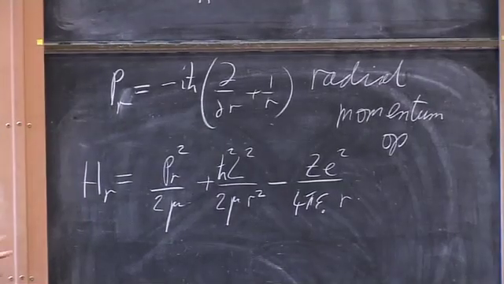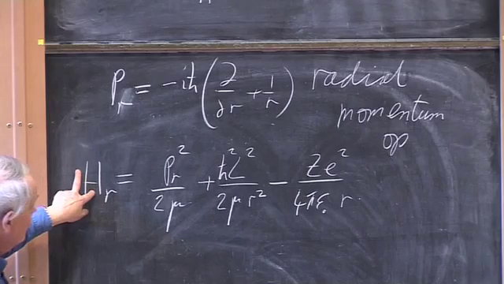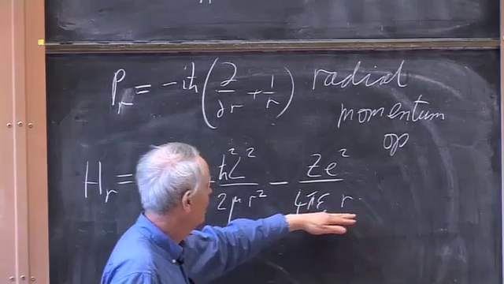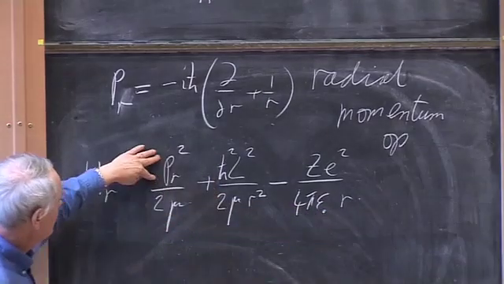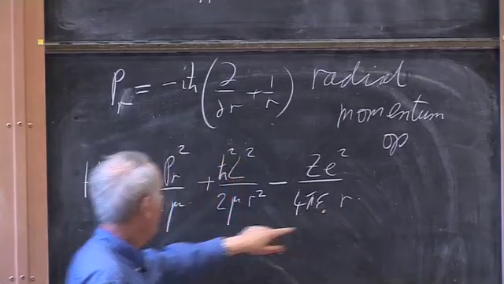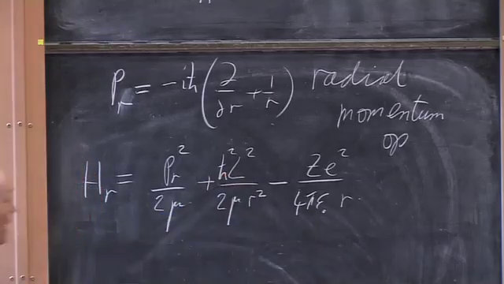So we've homed in on this operator. Our problem is solved once we find the eigenstates of this operator and the eigenenergies of this operator. And this is what it looks like. It involves radial momentum, radial position, radius. And for the rest, it involves the total orbital angular momentum operator.